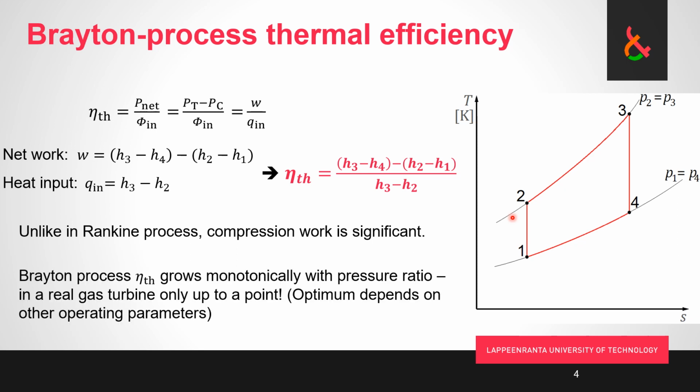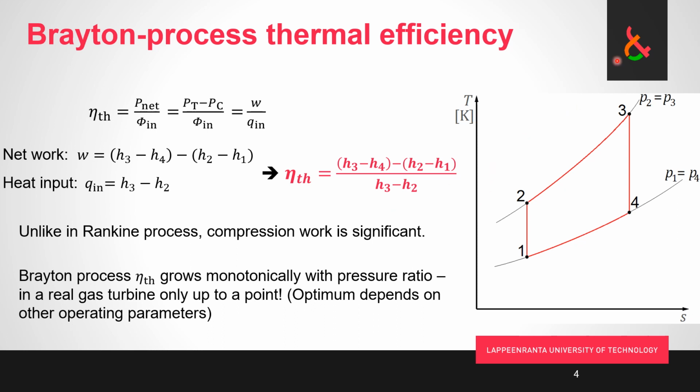And the other observation that we get here is when we look at this process. If we imagine that we maintain everything else equal and we keep increasing the pressure ratio, the higher the pressure ratio gets, the higher is going to be our efficiency. Basically, always in the TS chart as with the HS chart, the higher we go vertically, the higher the pressure is.